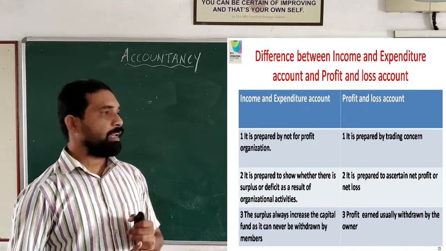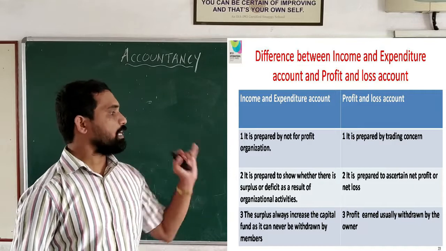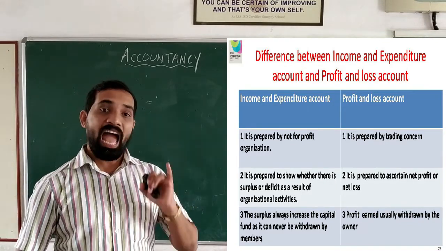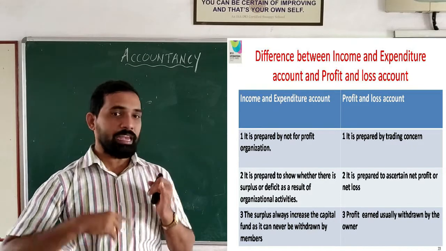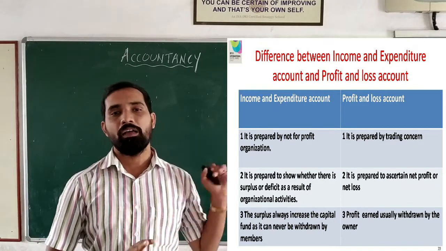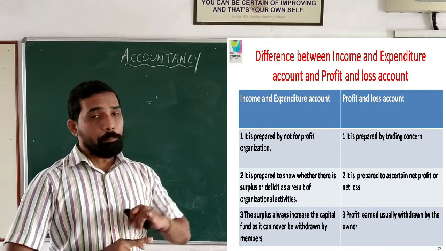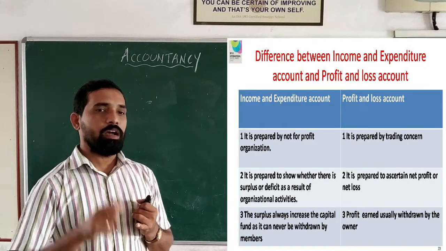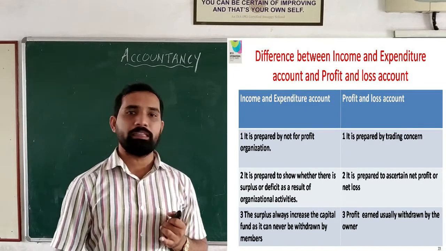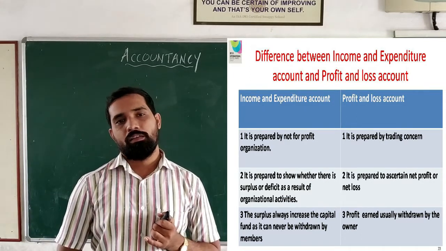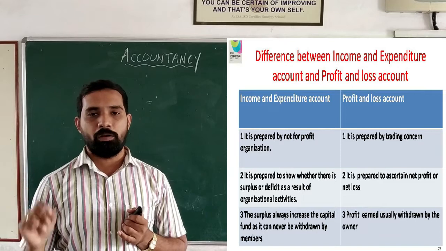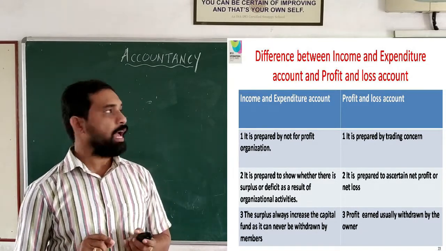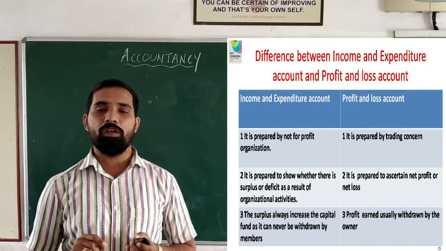In case of income and expenditure account, the surplus always increases the capital fund, as it can never be withdrawn by members. But in case of profit and loss account, profit earned is usually withdrawn by the owner. I hope all are clear on this point, the difference between income and expenditure account and profit and loss account.